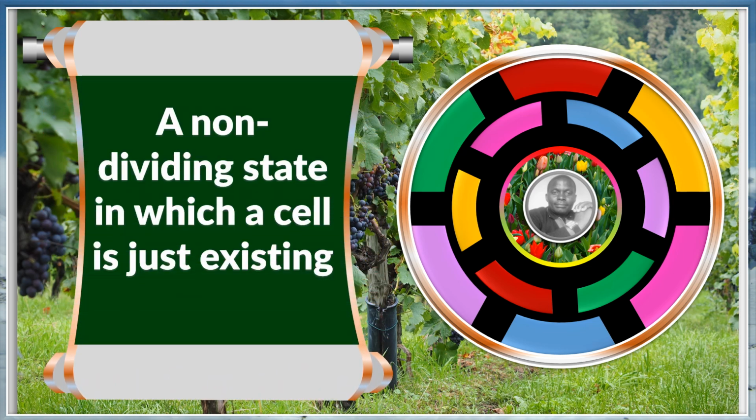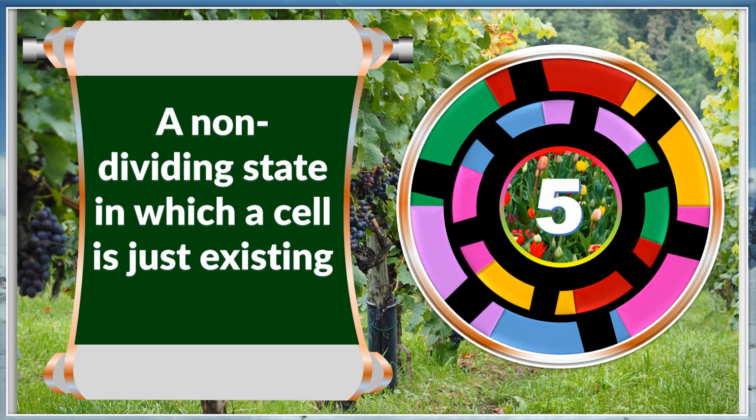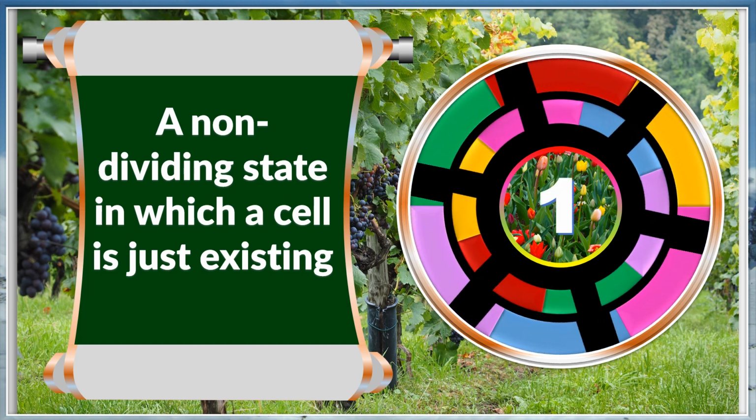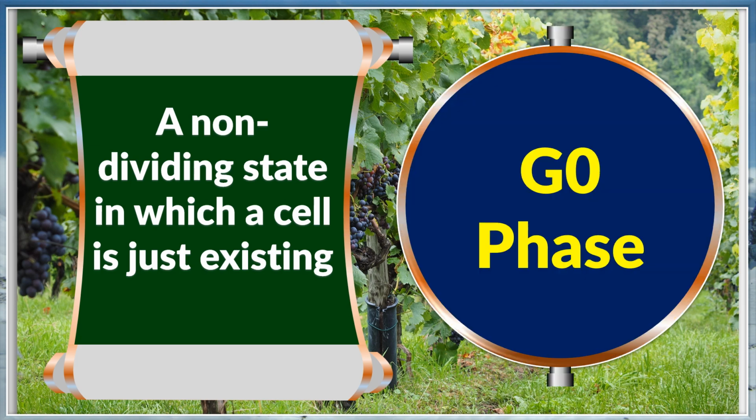A non-dividing state in which a cell is just existing. G0 phase.